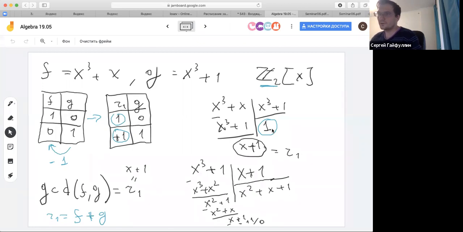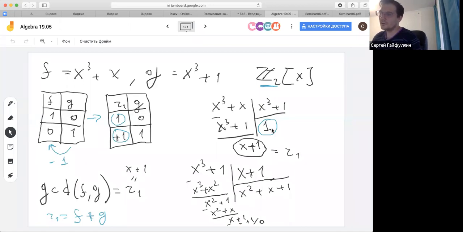Okay, first of all, I always have the table which is F, G. F corresponds to 1, 0, and G corresponds to 0, 1. Then I deal with columns.